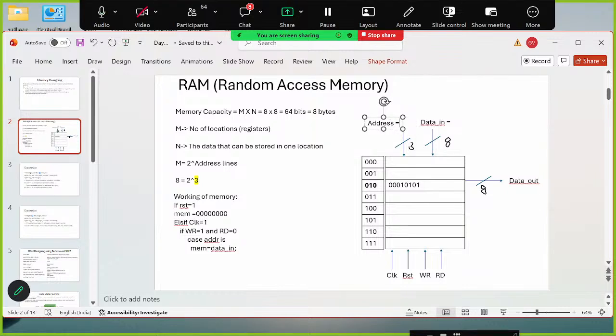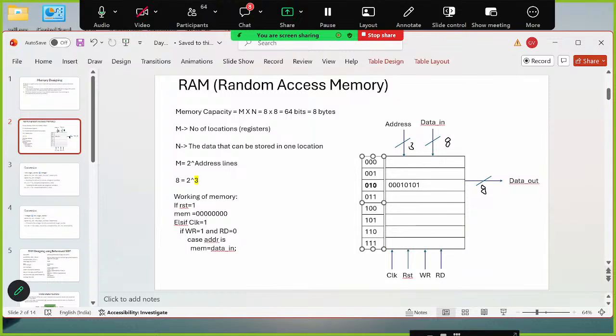Similarly, you can read the data also. In case of reading, suppose some data is there already and you want to read it, then again you need to insert a valid clock signal, then put an address onto the address bus or address lines.